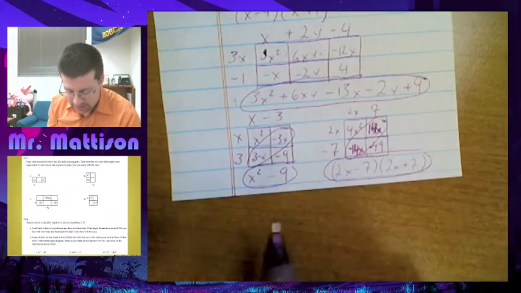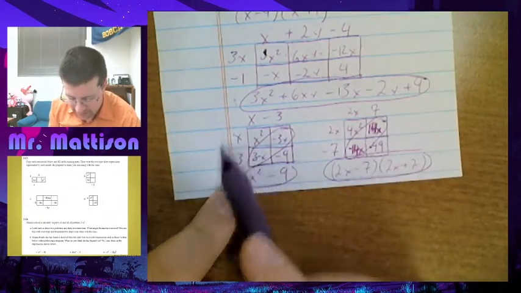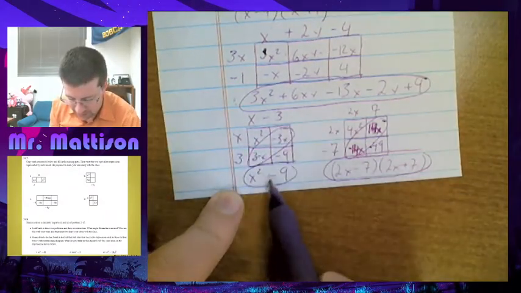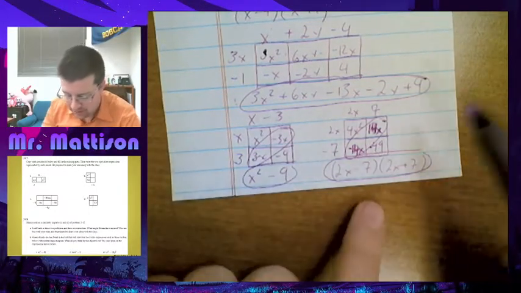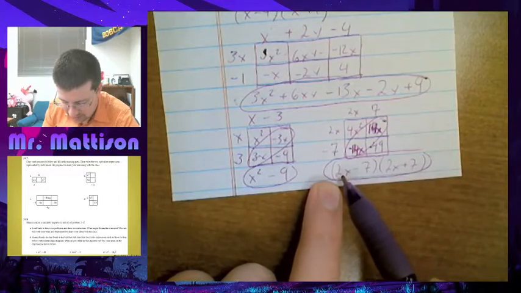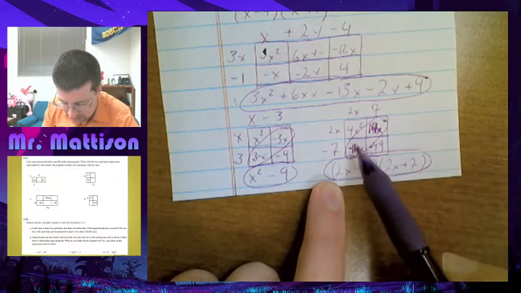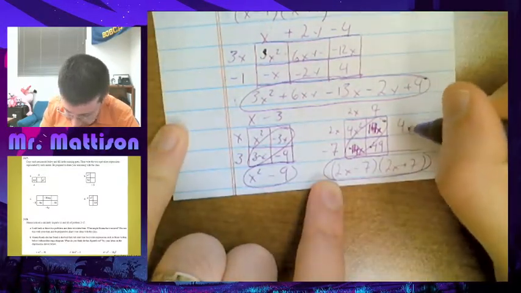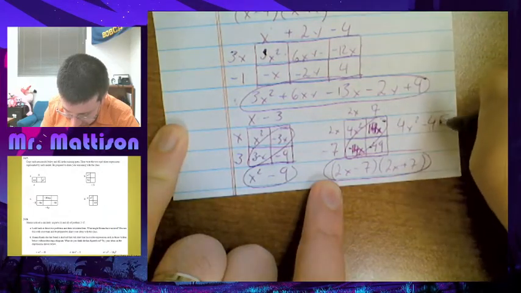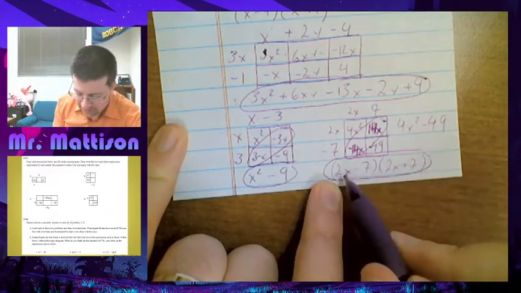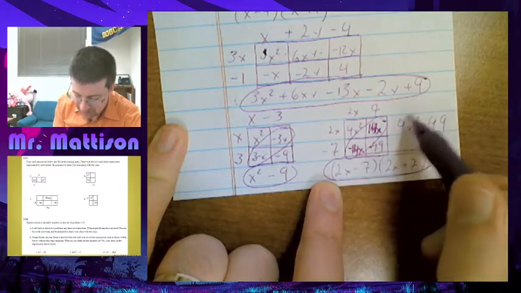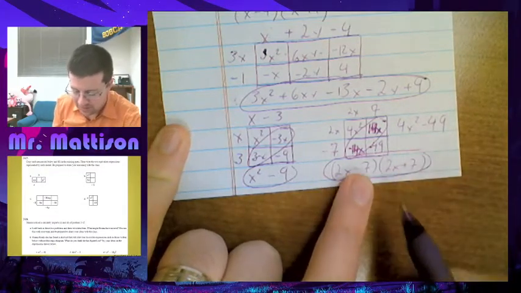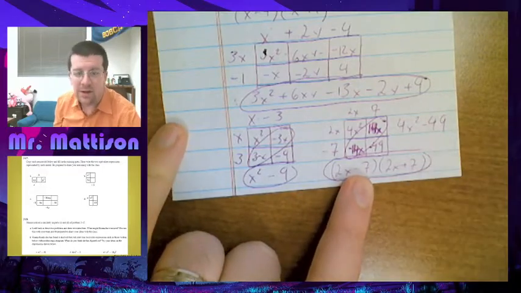So let's take a look at how this relates to where it came from. We got x squared minus 9, and I had x and 3, x and minus 3. Here, this was 4x squared minus 49. So that gave me 2x and 2x from the 4x squared, negative 7, positive 7 from the negative 49.